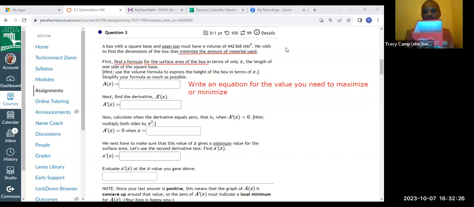So it has an open top, right? So when I write a formula for the surface area, I'm going to have the bottom, and then the 4 sides, 1, 2, 3, 4. So keep that in mind as I write the formula. Just put this box off to the side.